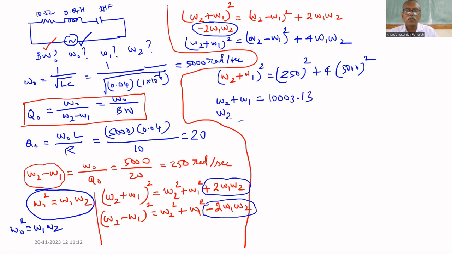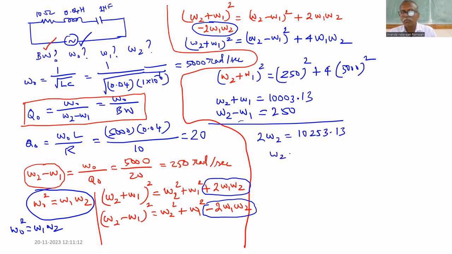Omega 2 minus omega 1 equal to what? 250. Therefore, we can find omega 2 and omega 1. Omega 2 equal to 5,126.5 radians per second.